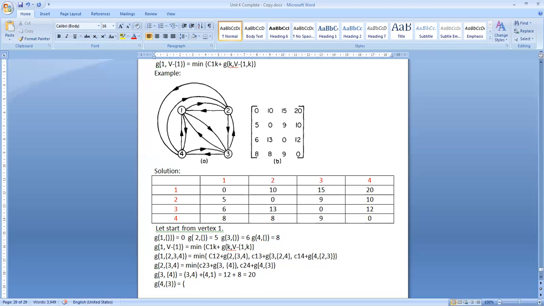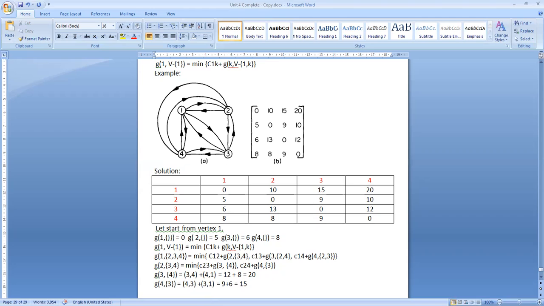The value of C43 plus C31. C43, it is 9. So this 9 plus C31, 3 to 1, it is 6. 9 plus 6 is equal to 15. So I have found out these expressions.